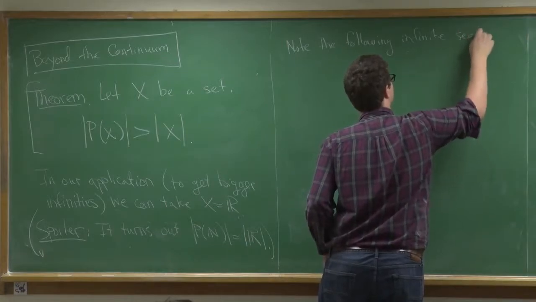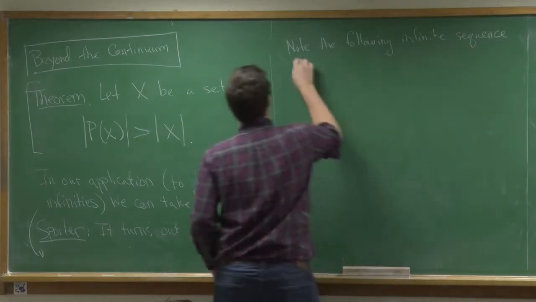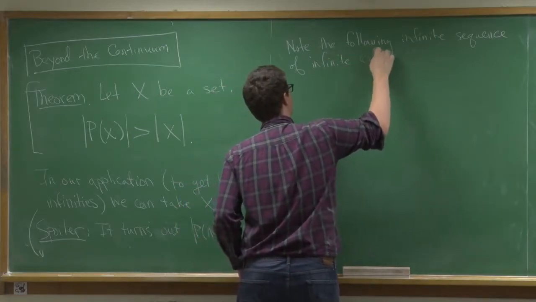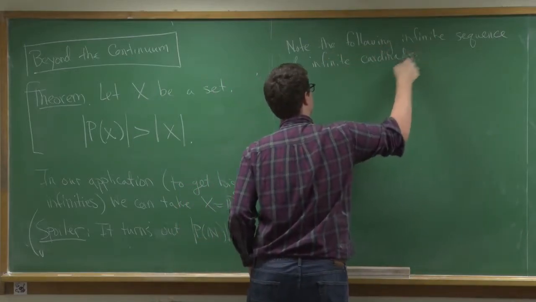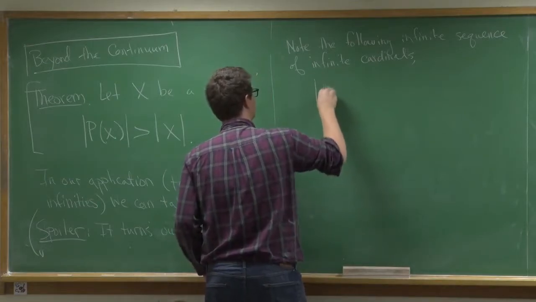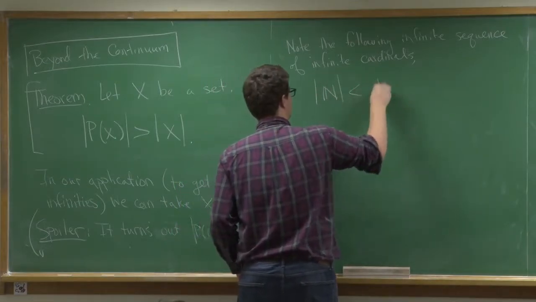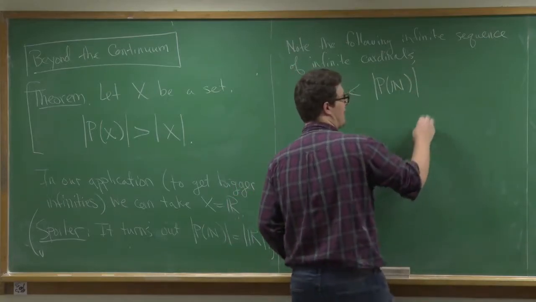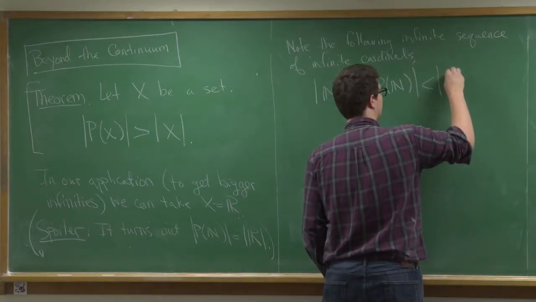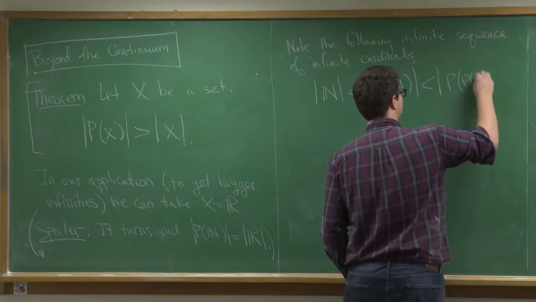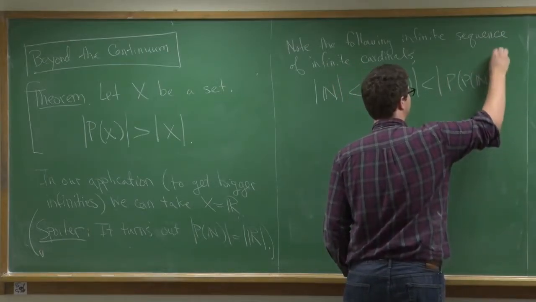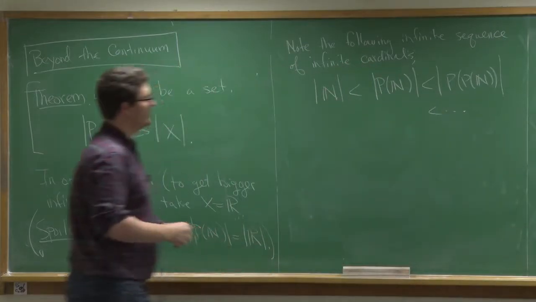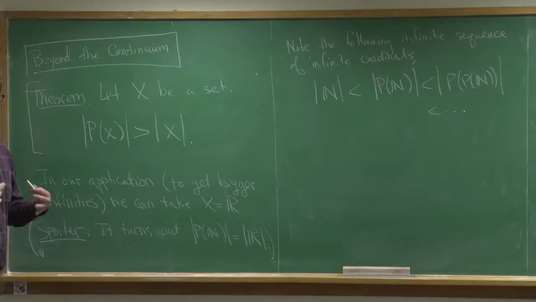Note now, a sequence of infinite cardinals. So we have the countable cardinal, and then we have the power set of the natural numbers, and then we can take the power set of the power set, the power set of the power set of the natural numbers, and then you can just continue this process to get tons of infinities.